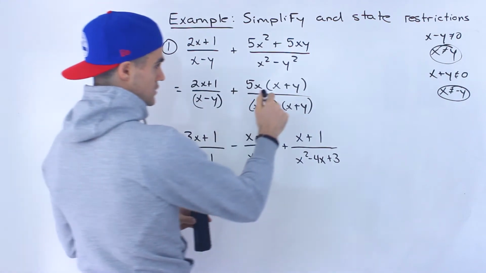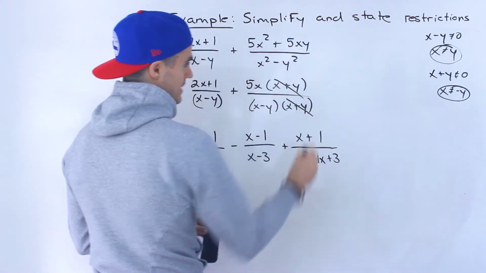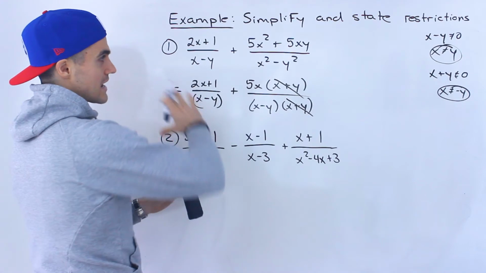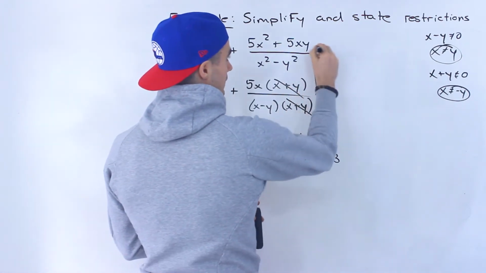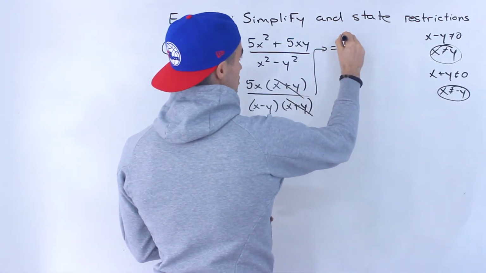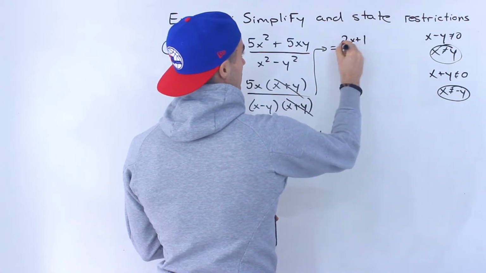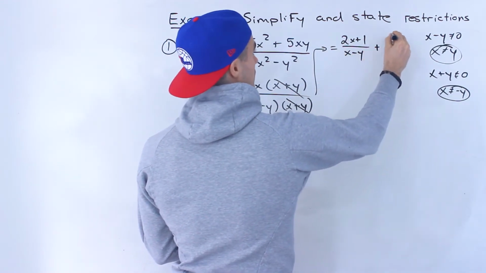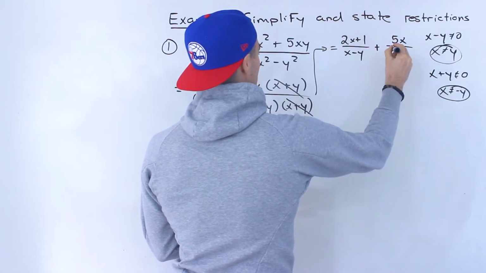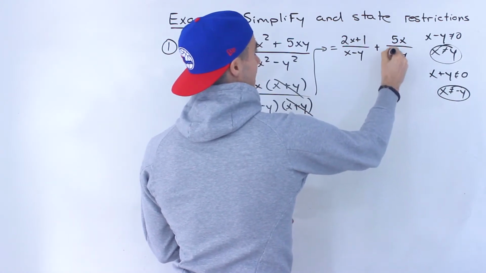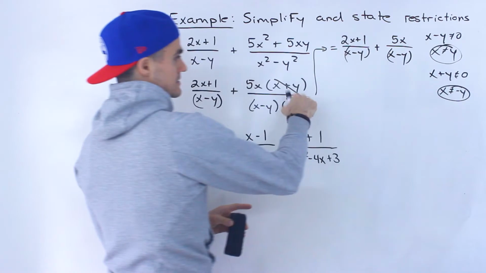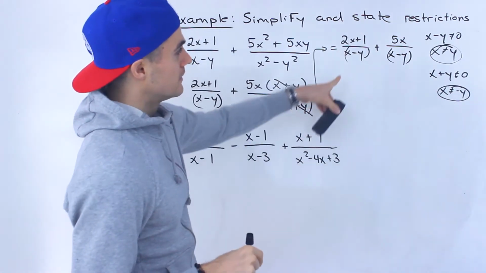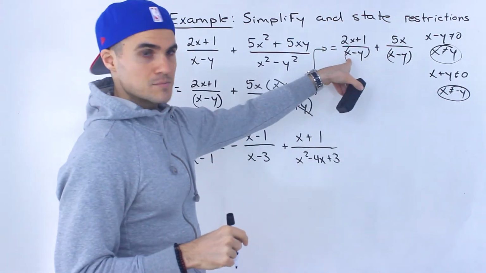Notice in this case what's actually nice is that this and this cancel out. So this actually ends up being an easier addition because we would end up with this. And what's nice is after canceling these two, we have the same denominator.